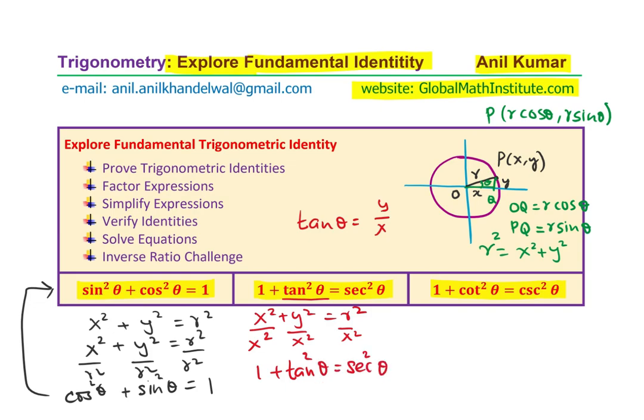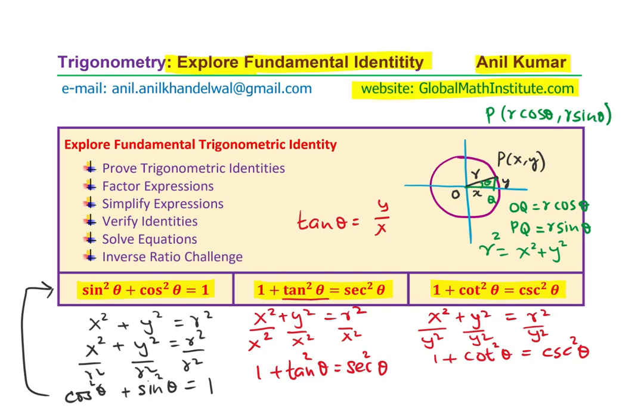Simple as that. Similarly, we can prove the next one starting with the Pythagorean theorem: x square plus y square equals r square. You want cot, which is x over y, so now divide by y square. What you get is 1 plus cotangent square theta equals cosecant square theta. Sometimes in the test, you may have to prove the identity itself.